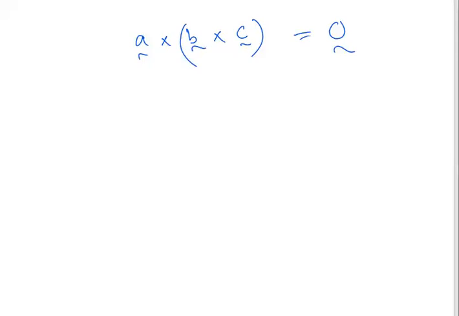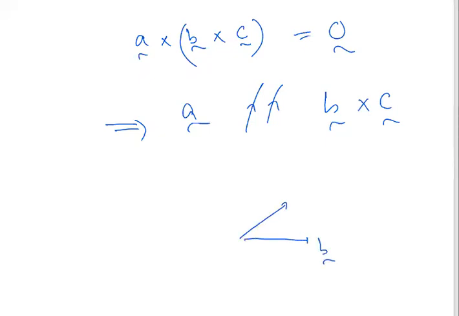So we can say, according to the cross product, A is parallel to B cross C. That means here you have B, here you have C. So the direction of B cross C is here, and this is A. When you take the cross product between A and B cross C, that gives you 0.